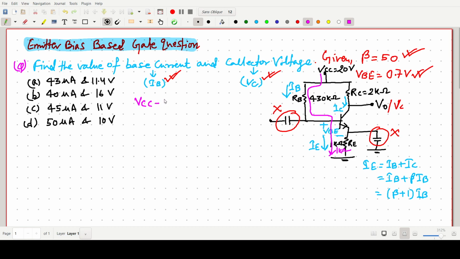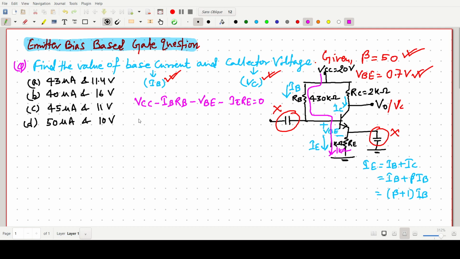VCC minus IB RB minus VBE minus IE into RE equals 0.